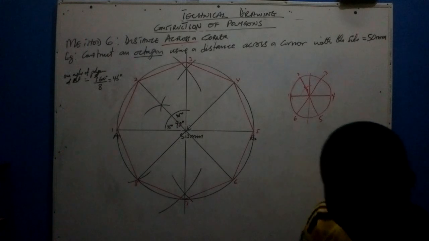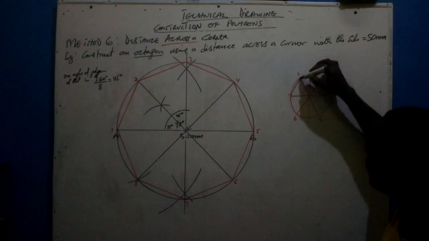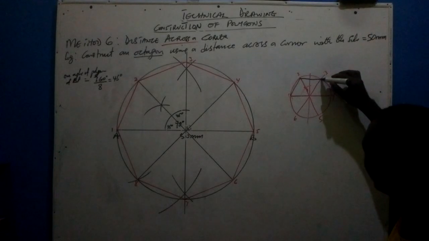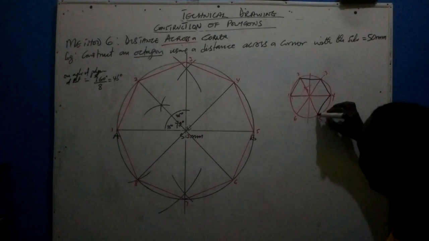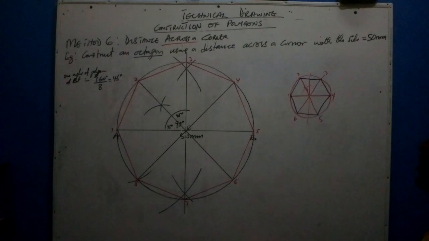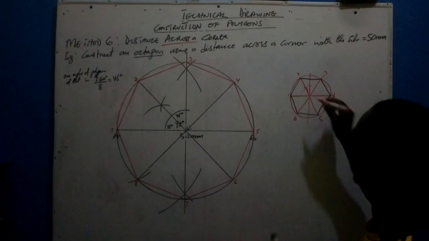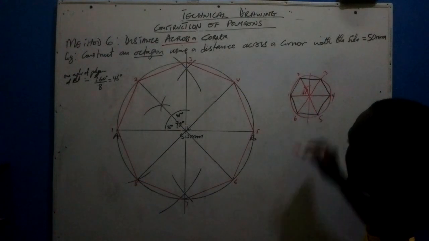After that, I will join my polygon 1 to 2, 2 to 3, 3 to 4, 4 to 5, 5 to 6, and 6 to 1. You have gotten your middle base, and here now becomes our 60 degrees angle.